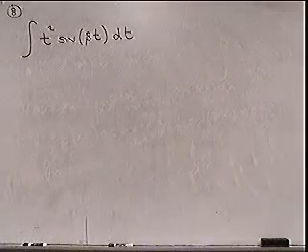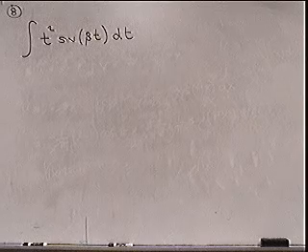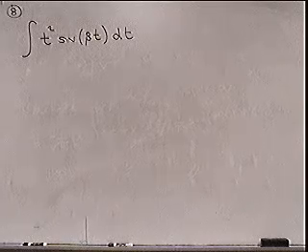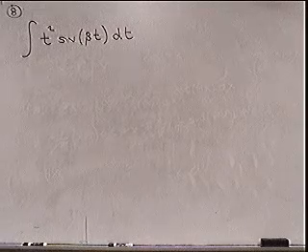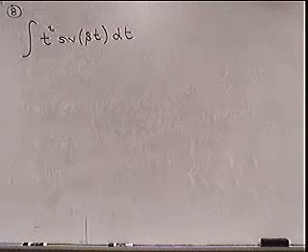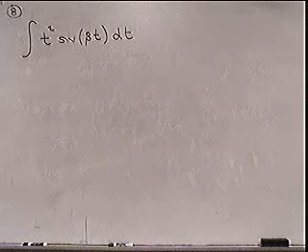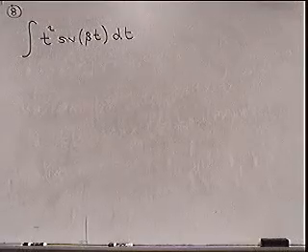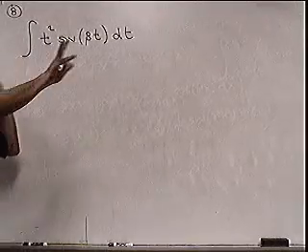T squared, the derivative of that would be 2t. That got a little nicer, right? Sine beta t, the derivative of that would be cosine beta t times beta. You have to pick the whole thing, right? You can't just pick beta t. That's right, you can't. Your u and your dv must account for the entire integrand.